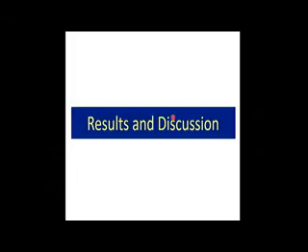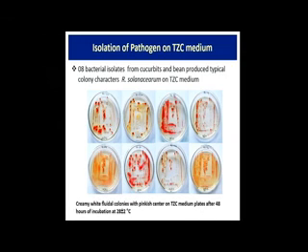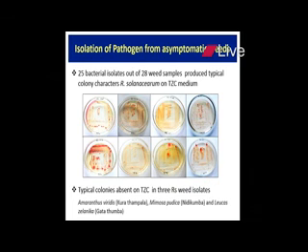Coming to the results and discussion, here you can see that cucurbit and bean isolates produce typical colony characters: creamy white fluidal colonies with a pinkish center on TZC medium after 48 hours. Here I show you some isolates only. Typical colony characters were absent on TZC in 3 weed samples, isolates Kura Tampala, Nidikumba and Gata Kola.